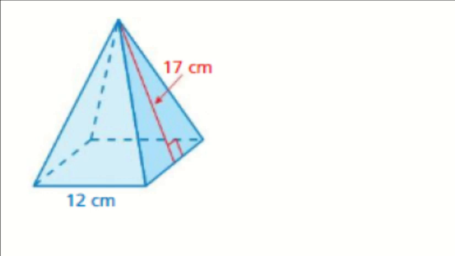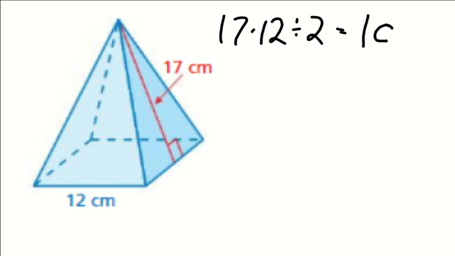All right, so we start. Yeah, that's what she just said. So we start with our triangles. We got 17 times 12 divided by 2. All right, base times height divided by 2. 102, right? How many triangles do I have? 4.